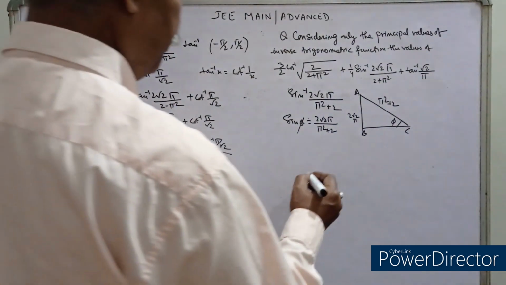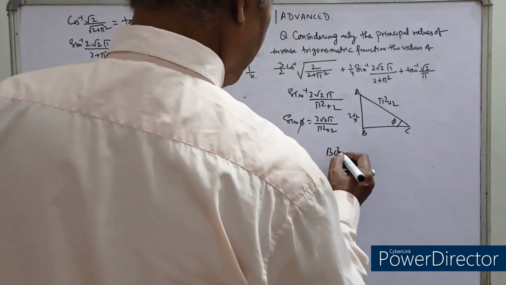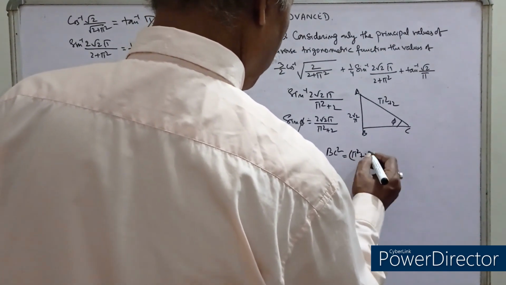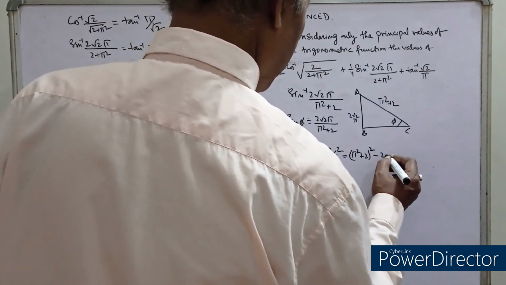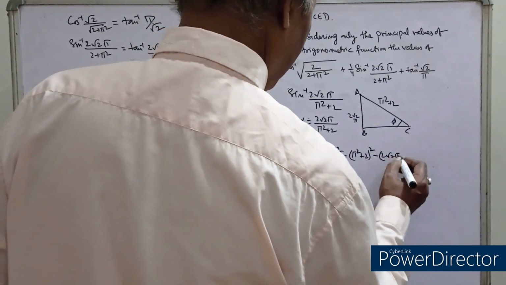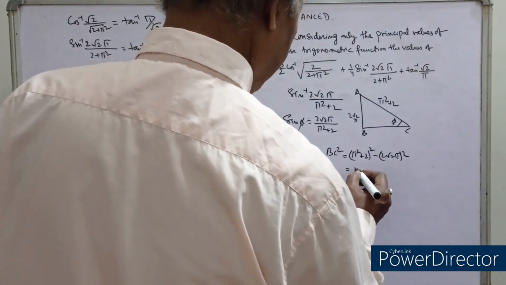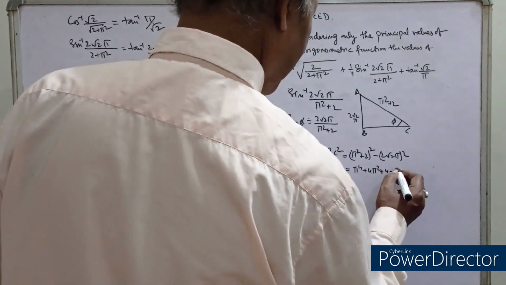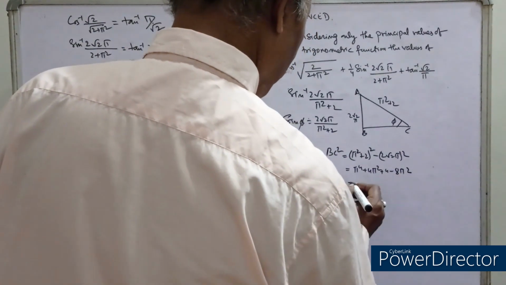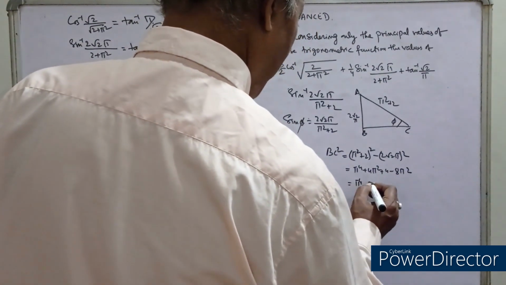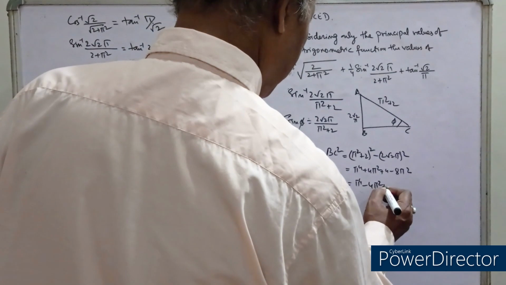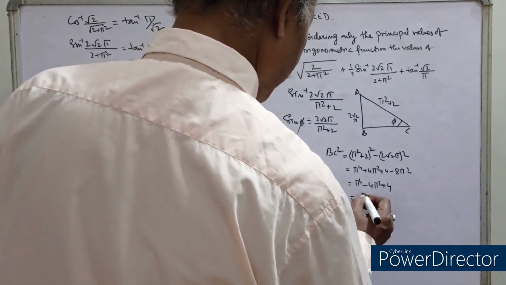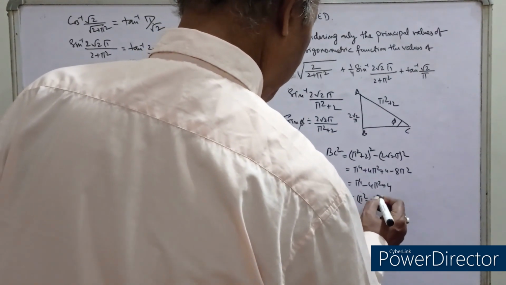Here BC square will be pi square plus 2 the whole square minus 2 root 2 pi the whole square. So this will be pi to the 4 plus 4 pi square plus 4 minus 8 pi square. So this will be pi to the 4 minus 4 pi square plus 4, which is pi square minus 2 the whole square.